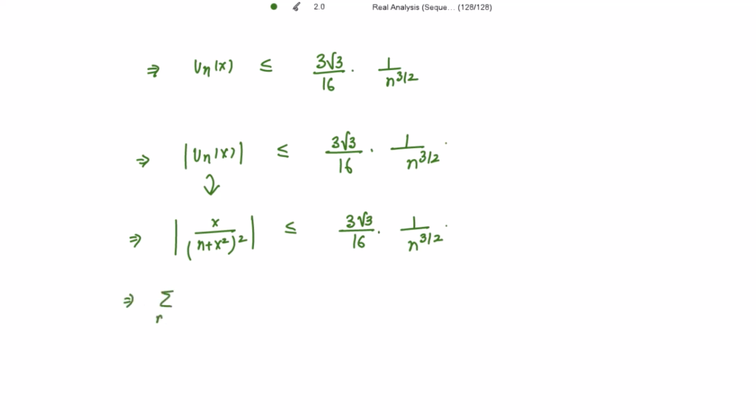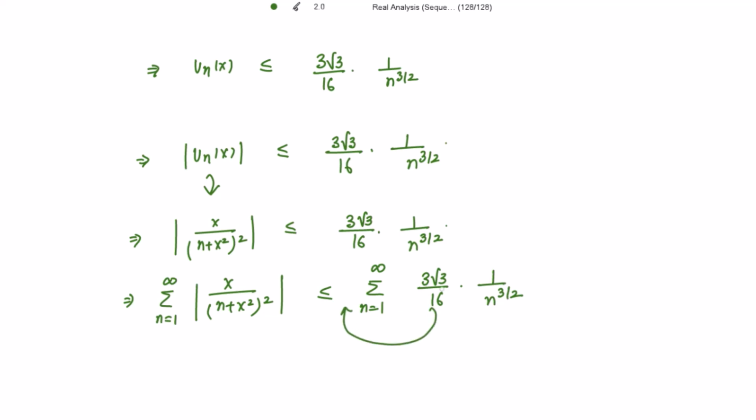So the infinite sum where n starting from 1 to infinity on mod of x divided by n plus x square the whole square is less than or equal to summation n going from 1 to infinity 3 root 3 divided by 16 into 1 divided by n to the power 3 by 2. We can take this outside of the summation because there is no n.